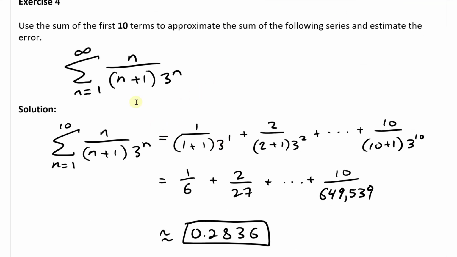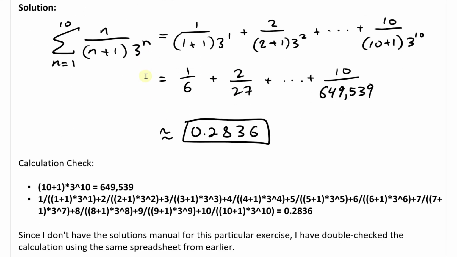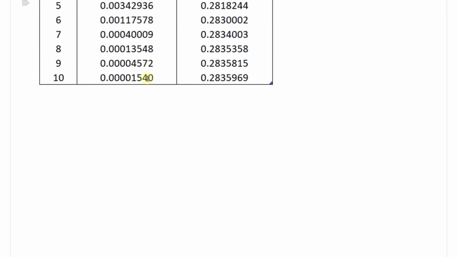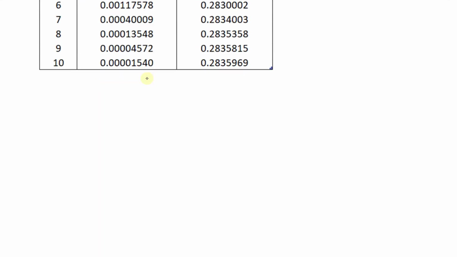So we have that sum. Let's look at this one again: n over n plus 1, 3n. I'll write this whole thing, n over n plus 1.